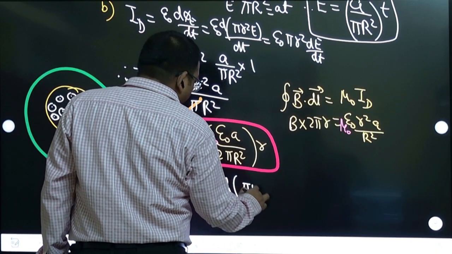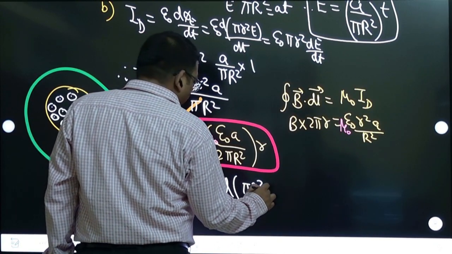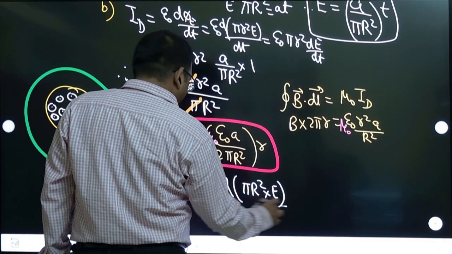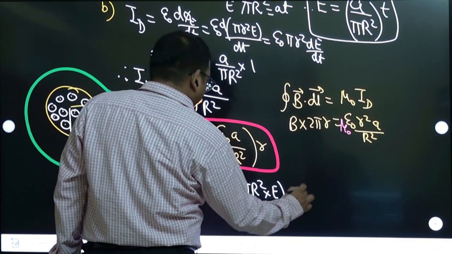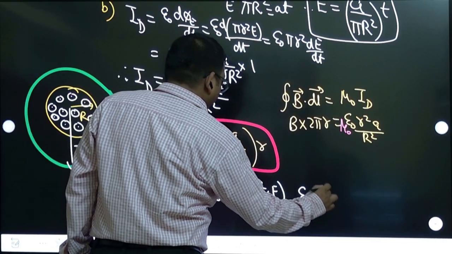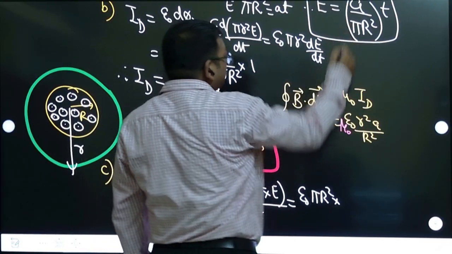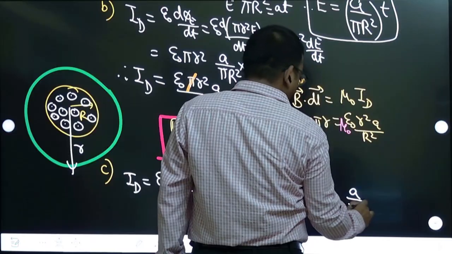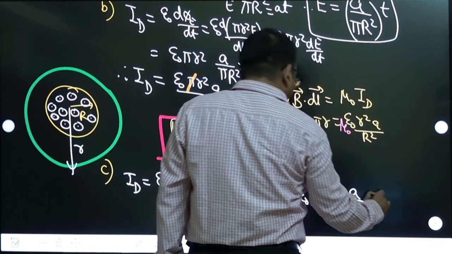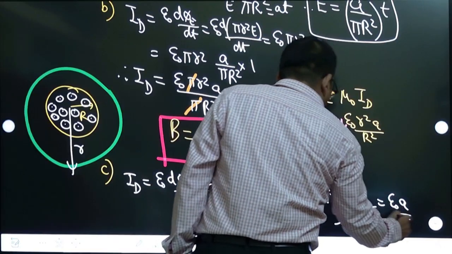That means the area you are taking is pi capital R square into electric field by dt. So epsilon naught pi capital R square comes out. dE by dt, which we have already calculated, you do. So A by pi capital R square. So this gets cancelled, and that is what it becomes: epsilon naught A.